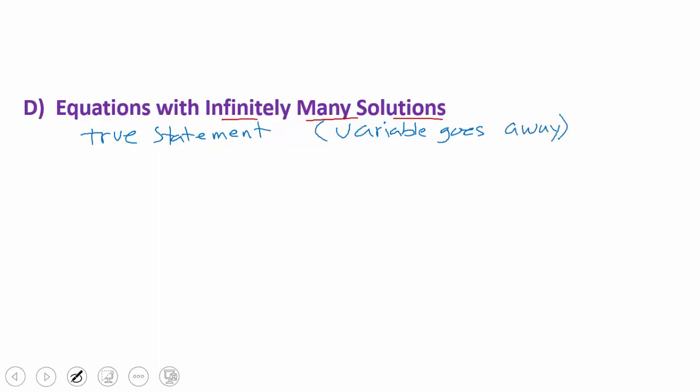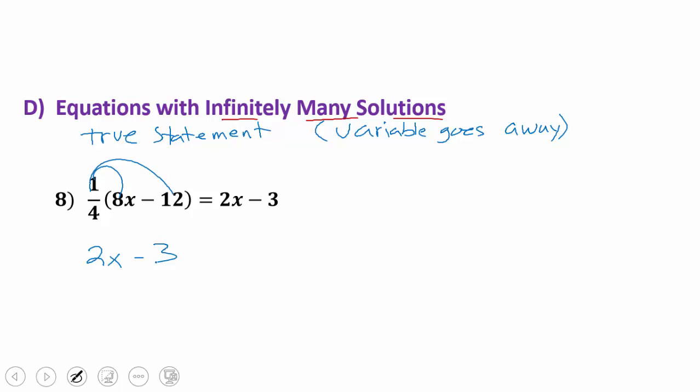So let's do a couple and show you what we're talking about. We have 1/4 times 8x using the distributive property. That gives me 2x. And 1/4 times a -12, that gives me, what is that? -3. Okay? Well, on the other side, we have 2x minus 3. Well, that only makes sense that 2x minus 3 is equal to 2x minus 3.